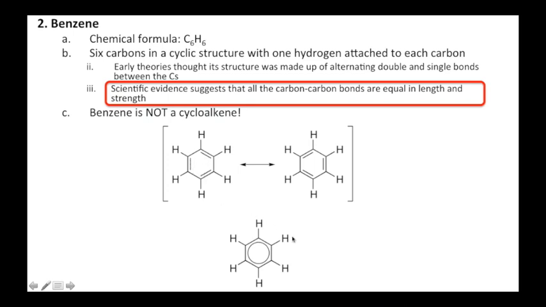carbons. So we don't need to go too much deeper into that in our course, just know that benzene is not an alkene. There is no evidence of double bonds in benzene. Okay. Oh, and you will see this diagram on the test. So this, or I should say, you may see this diagram on the test.